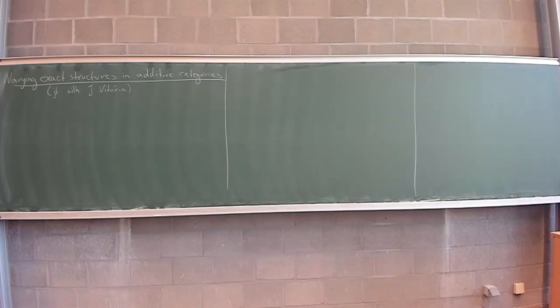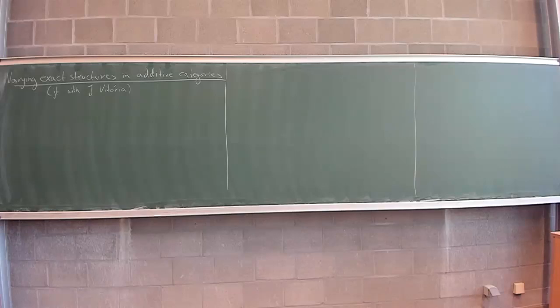So today I'm going to speak, as the title suggests, about various exact structures in additive categories and what happens when you change them. And you should expect some sort of connection between them. The plan of the talk is that first I'm going to give you some motivation about the phenomenon in the category of chain complexes and what happens there when you consider different exact structures.